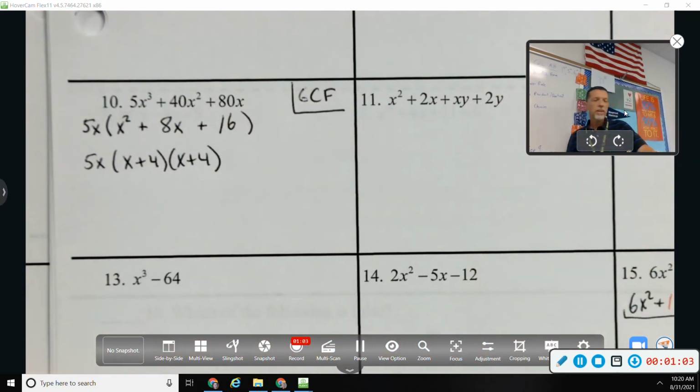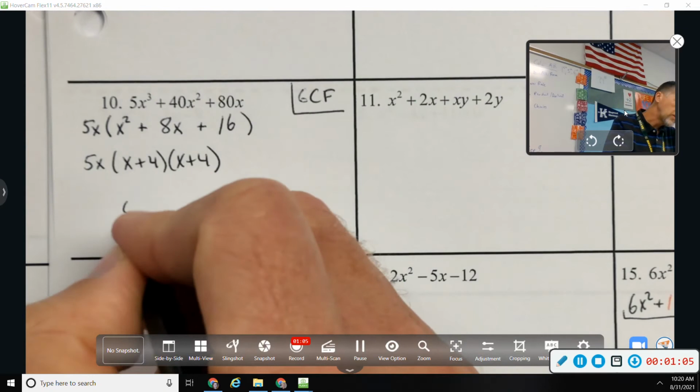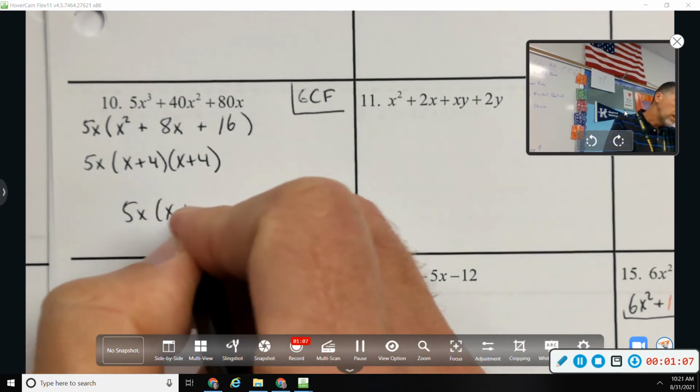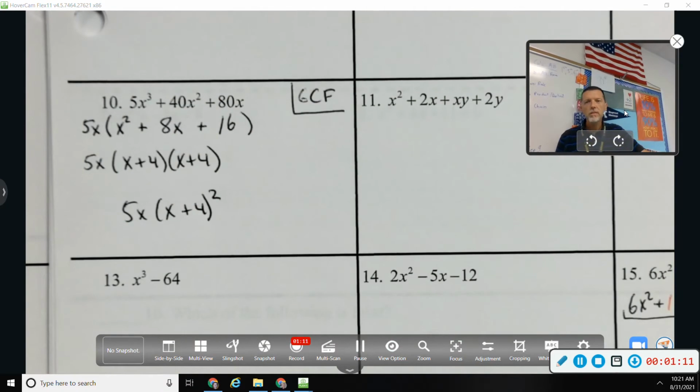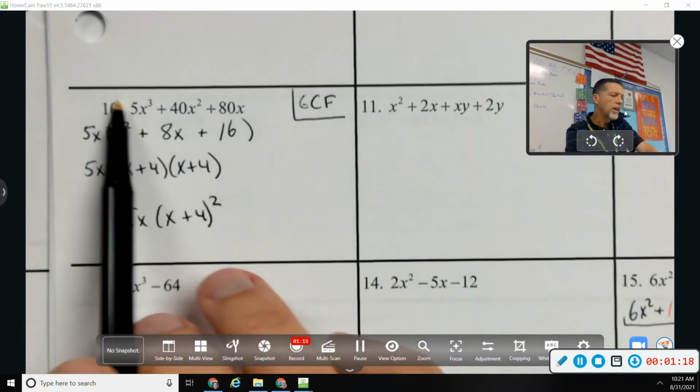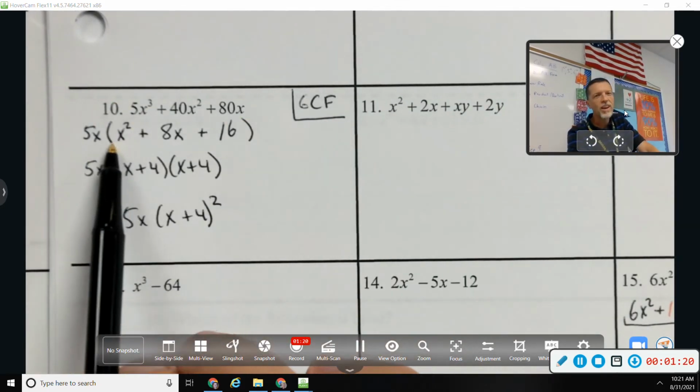And so you could leave it like that, or you could combine the x plus 4s and say 5x and x plus 4 squared. Either one of those would be okay. But that's a good one, that it looks terrible, and then as soon as you take out a GCF, it's like, oh, that's not too bad.